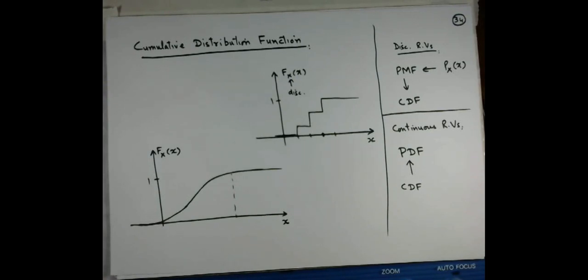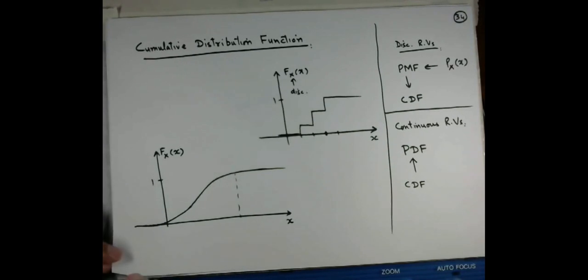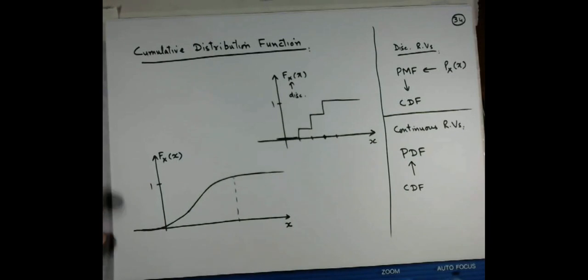This is exactly the same concept as we did in our discussion about the CDF of discrete random variables. So now if this is understood, I can write a few mathematical expressions, and those should be easily understandable.